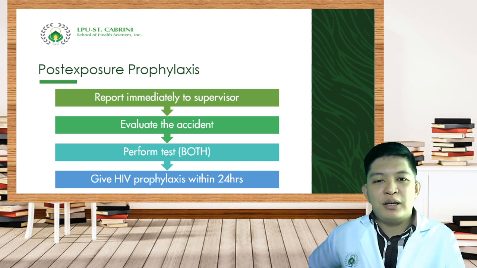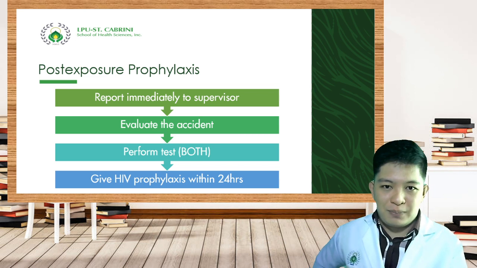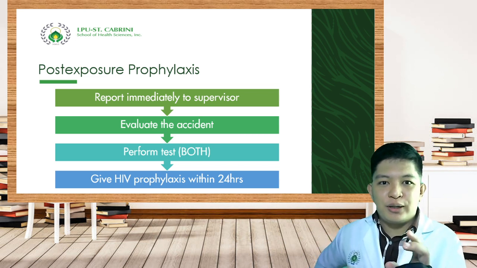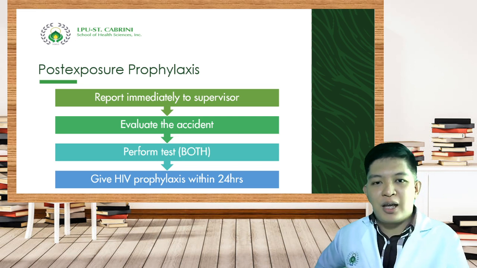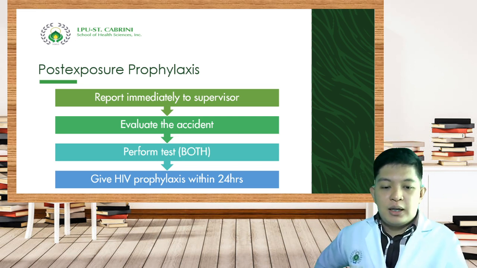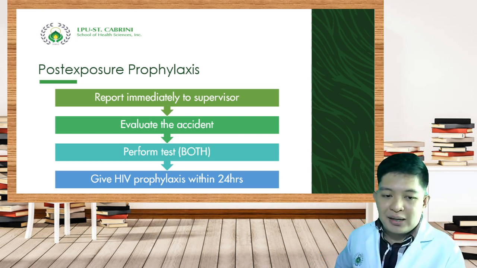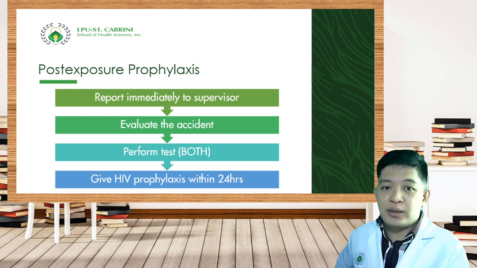Kasi prior to the exposure, you might be a carrier also na hindi mo alam. Okay? The reason why it is important that both of you will be tested for the possibility of having a bloodborne pathogen. Next is give HIV prophylaxis within 24 hours.